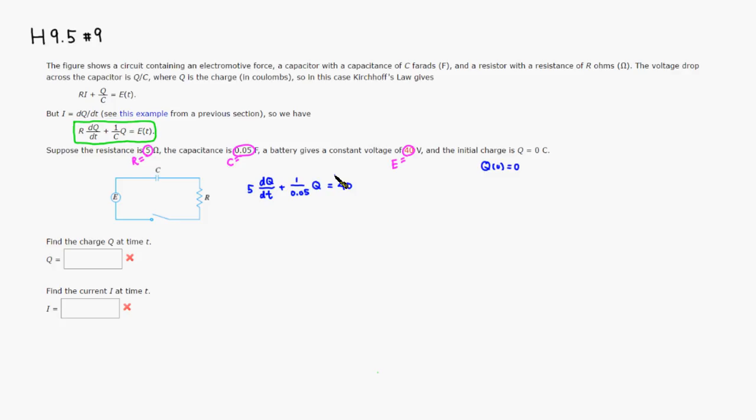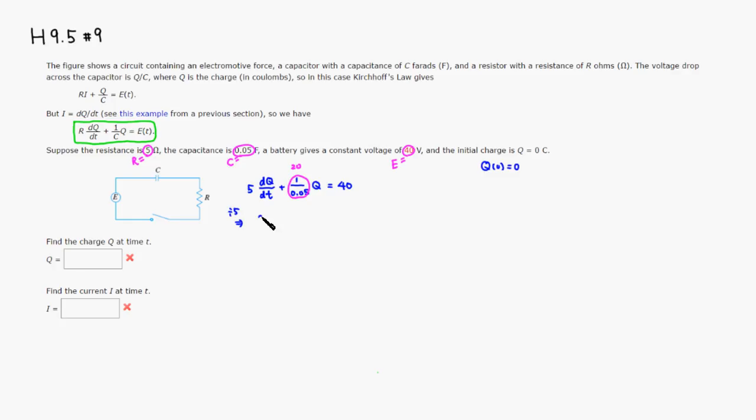This is a linear equation, so we can solve it. You can see that 1 divided by 0.05 is 20, right? And since everything has a 5 in it, I'm going to divide through by 5.